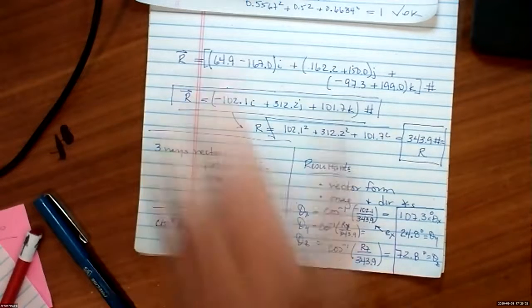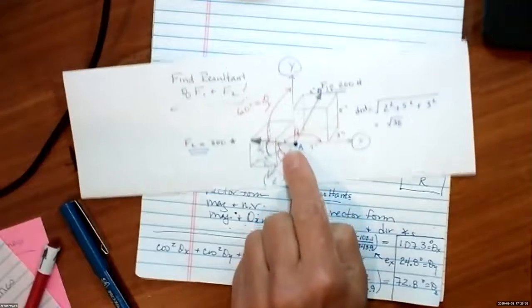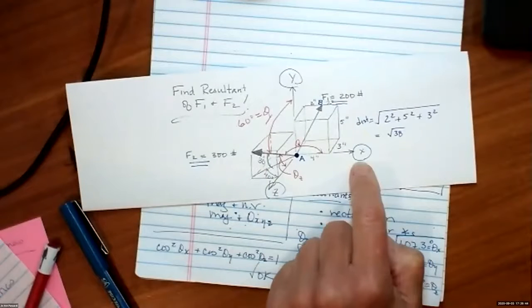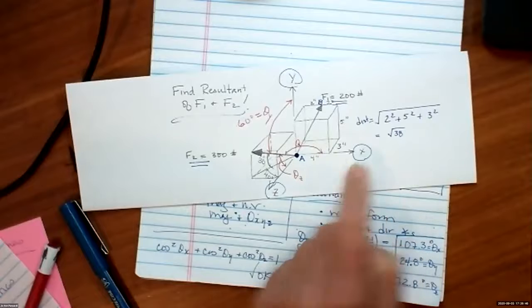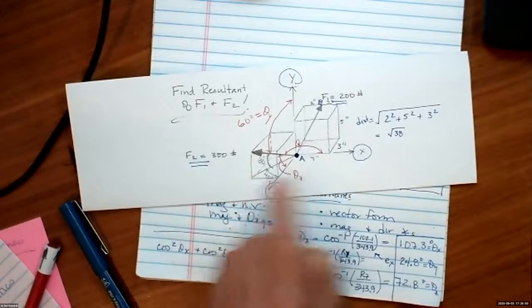Okay, so what did we do in this problem, just to go backwards? We had 2 forces. We wanted to find the resultant. We noticed that they're both 3D problems. We checked to see where the axes are so we don't screw it up. We found that F1 is given distances, F2 is given angles.